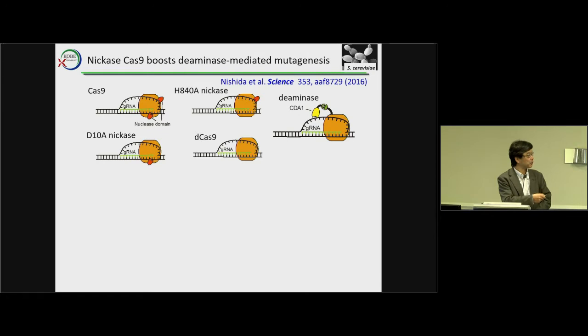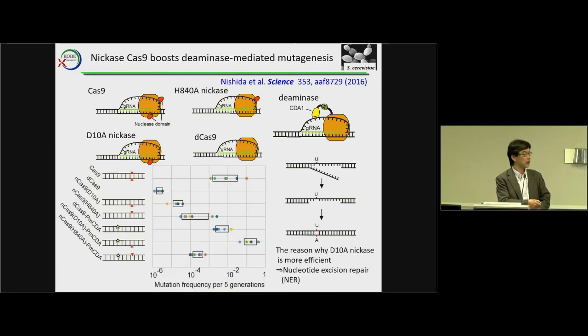So, first of all, we compared which construct is more efficient. So these are the results. Just look at this one. This is the nickase case, D10A nickase, which creates a nick on the opposite strand of the deamination.